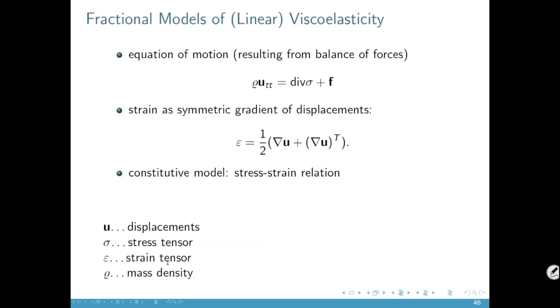This is actually inherited from elasticity, actually viscoelasticity. So people are deriving these fractional laws in analogy to viscoelasticity, which might be more familiar to you. So what we have here is a set of balance laws: the equation of motion and also the relation between strain and displacement.